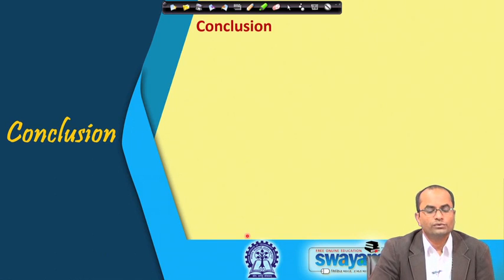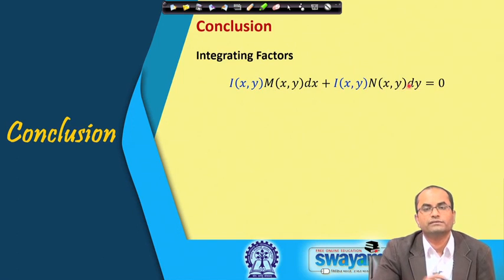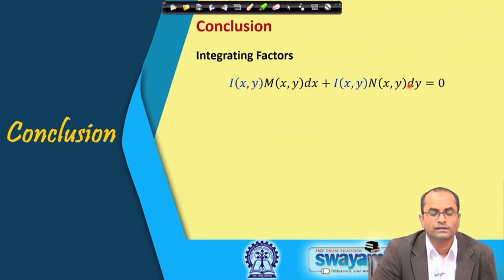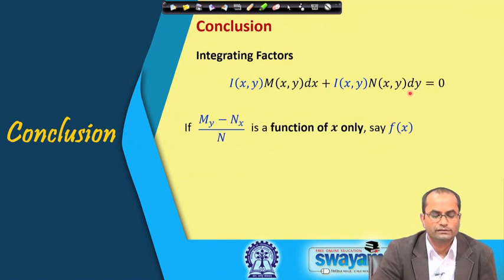So, coming to the conclusion, the integrating factor is nothing but a function. If you multiply it to the given differential equation, which is not exact, and after multiplication the equation becomes exact, we call such a function the integrating factor.